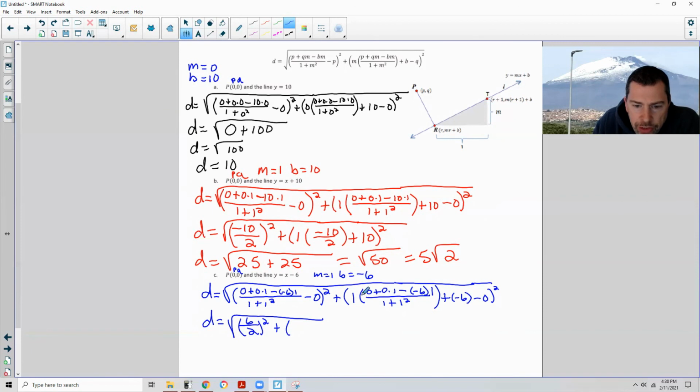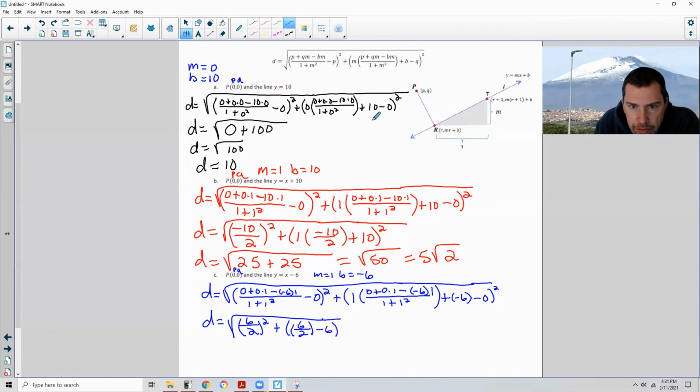So that's not going to change anything, this 1. 0 plus 0 times 1 is 0. Minus a -6 is again plus 6 over 2. 1 plus 1 squared, quantity -6, and then all of that is squared. So I should have a parentheses for that and a parentheses there.